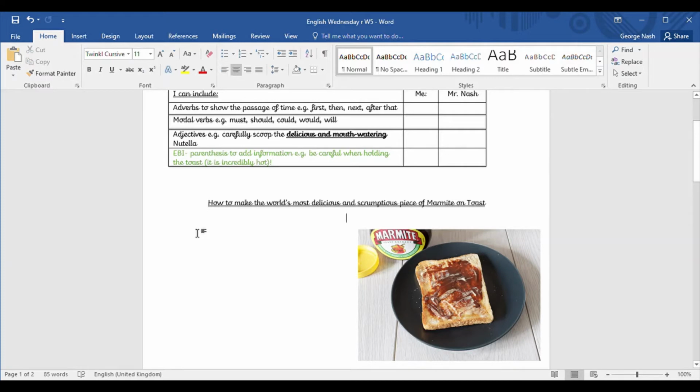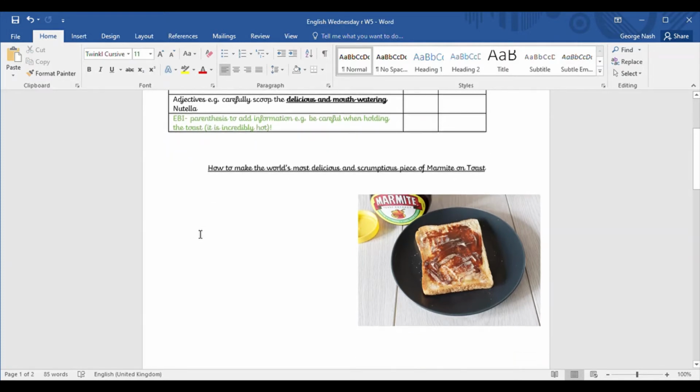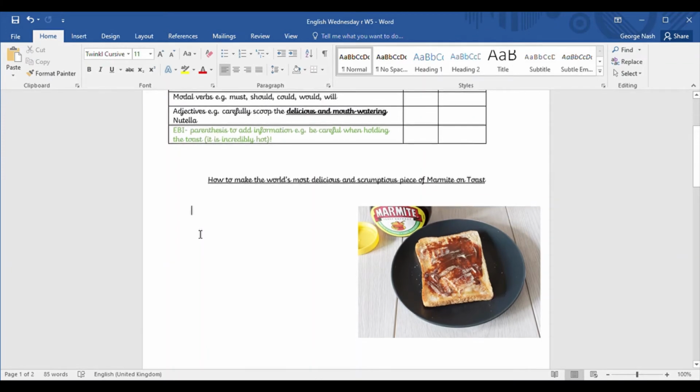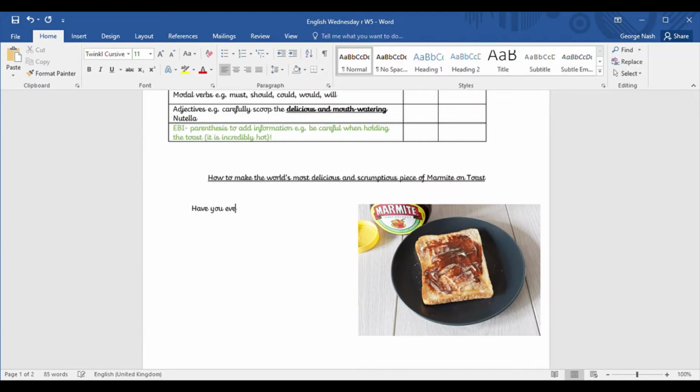Now, I might do a little introduction. You don't have to do one of these, but a short introduction can help guide your reader into your instruction. So I might just put here, have you ever dreamt of a dreamy and, I've used delicious and mouth-watering slice of Marmite on toast?